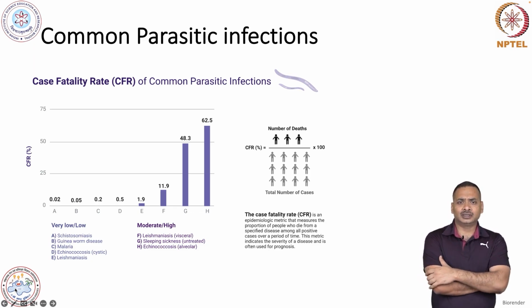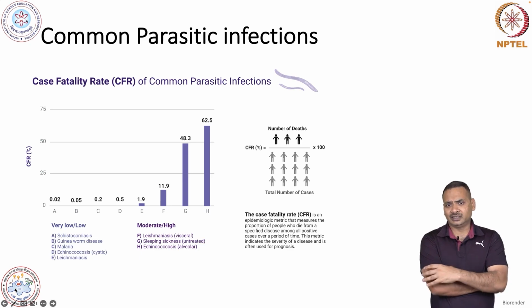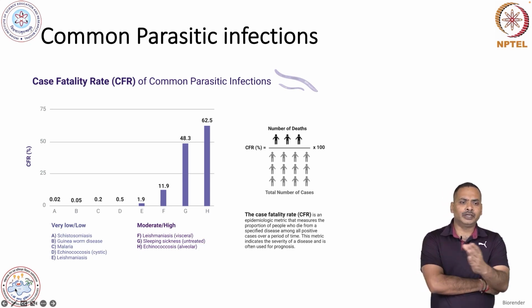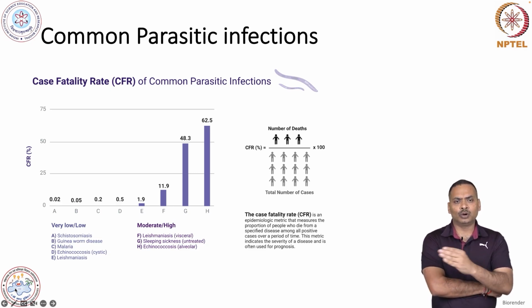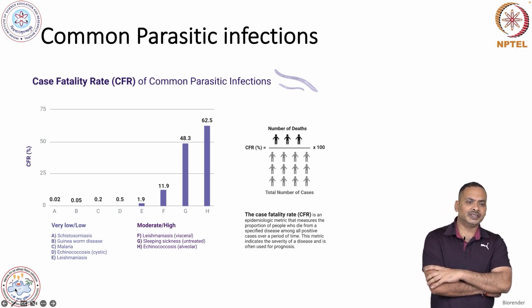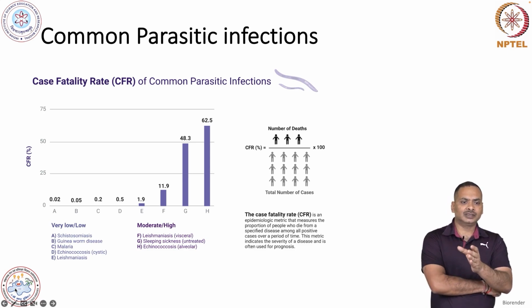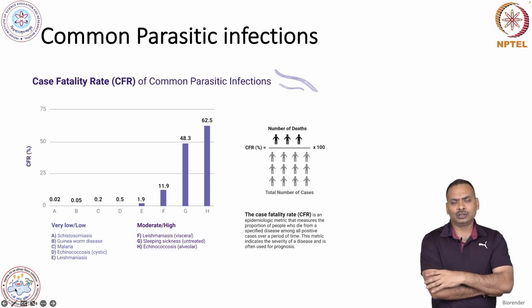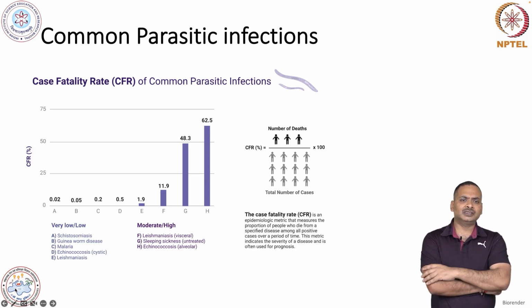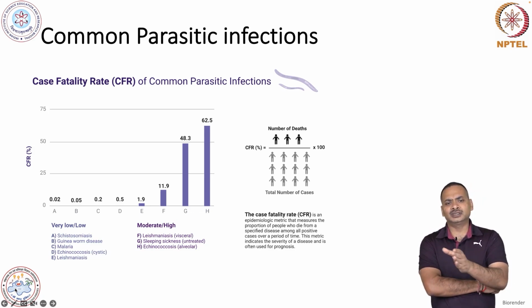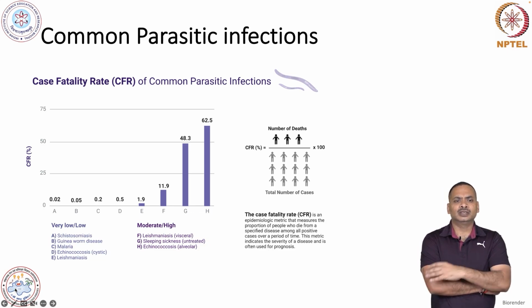This is a little threatening number, compared to other parasitic infections like schistosomiasis, guinea worm disease, and malaria. So echinococcus and leishmaniasis, compared to these three diseases, carry quite a risk.